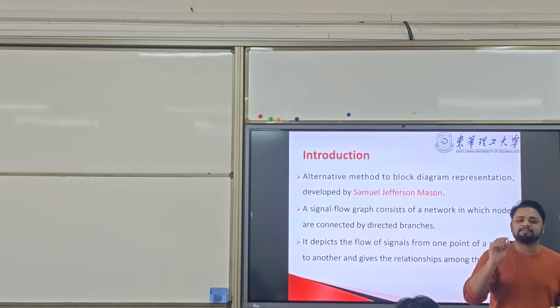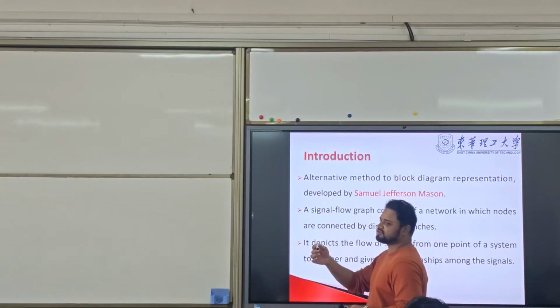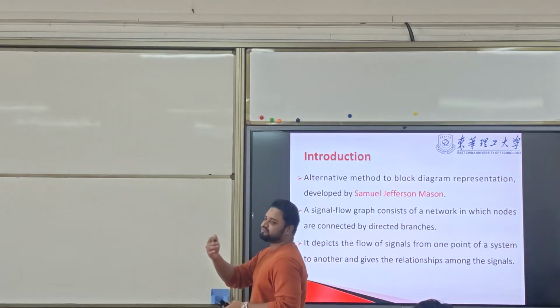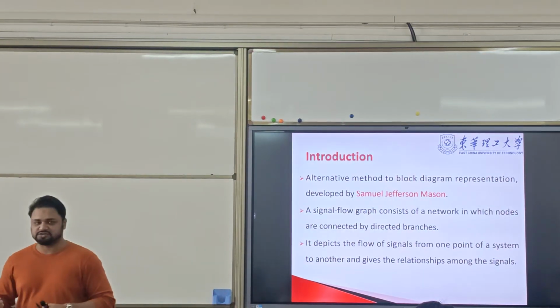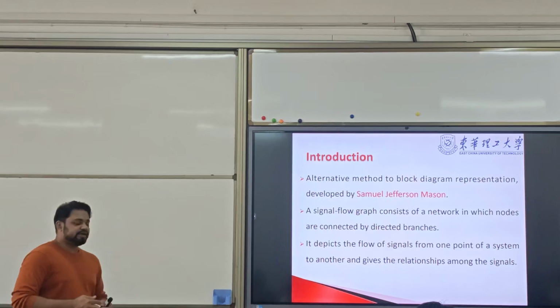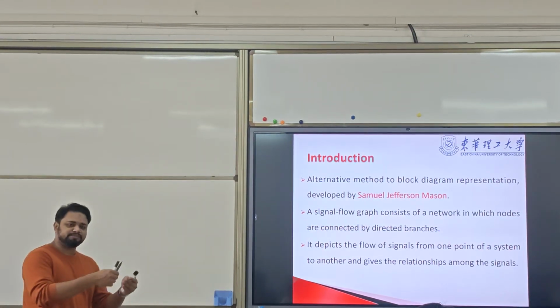Then we talked about the block diagram. What is the block diagram? Graphical representation of a transfer function for any control system. Similarly, the signal flow graph is also a graphical representation.